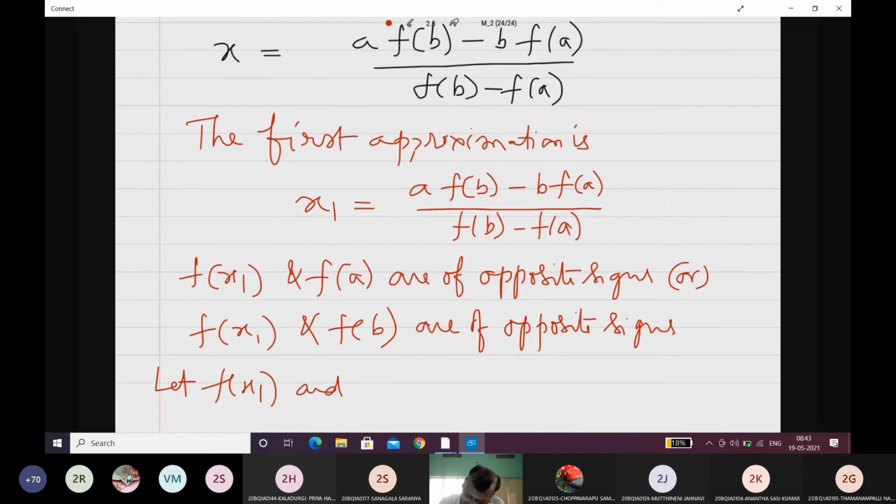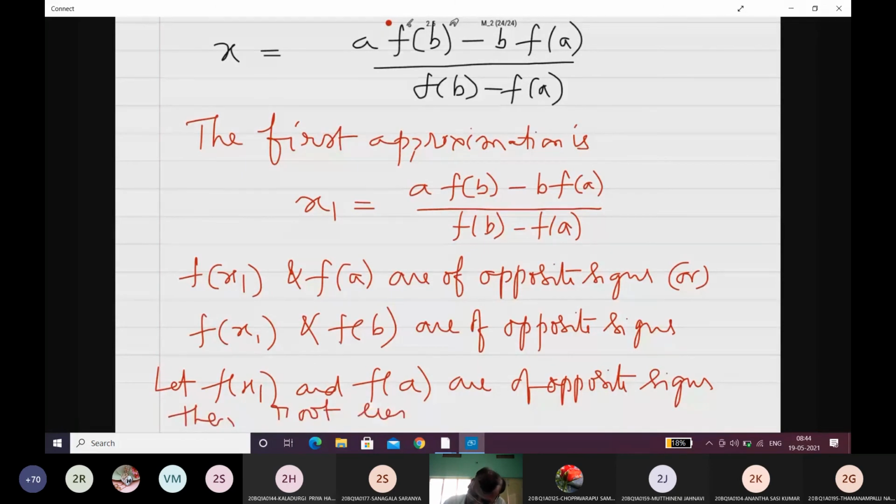Let f of x1 and f of a be of opposite signs. Then the root lies between x1 and a. Shall I move the slide? Yes, sir.